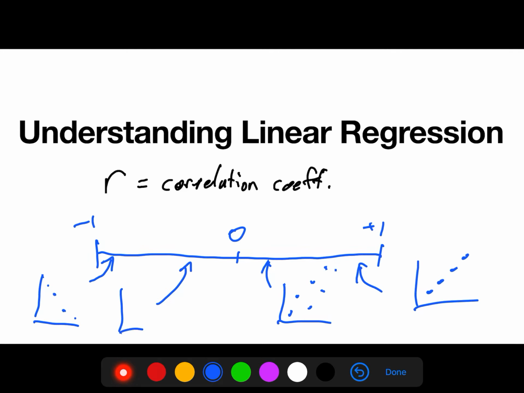Things kind of in this way have some negative to them, but that one tends to have a much smaller negative value than what's over here. It's much less like a line. And then finally, things that are close to 0 don't seem to have any sort of correlation at all. Things that just look like a random scatter shot of dots tend to be in the middle.